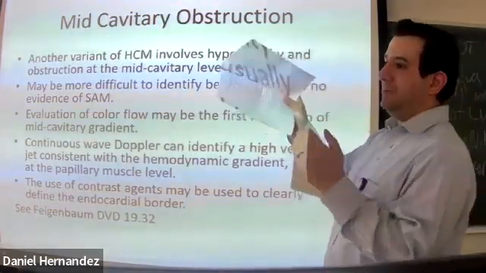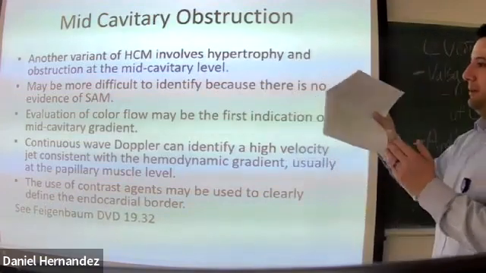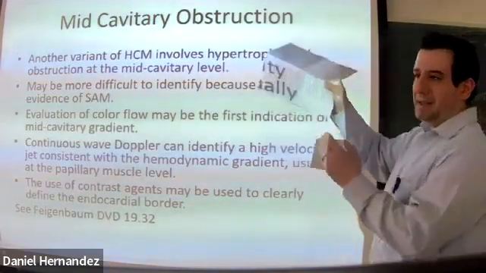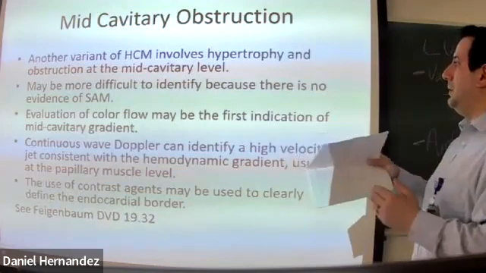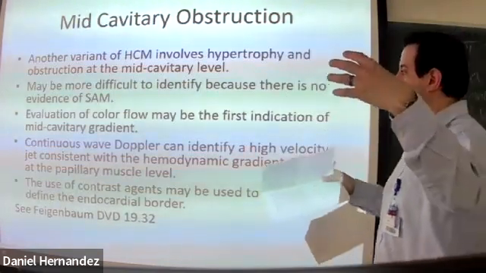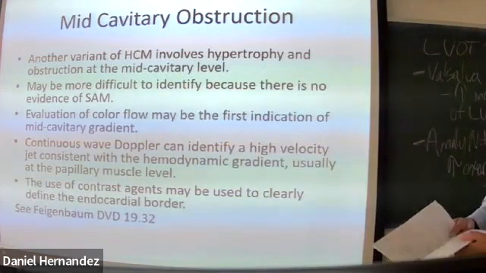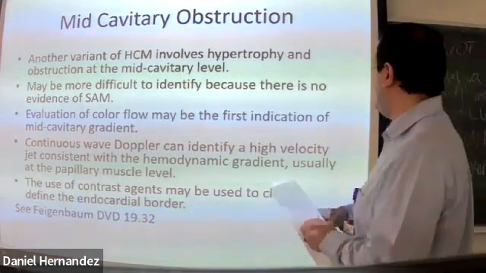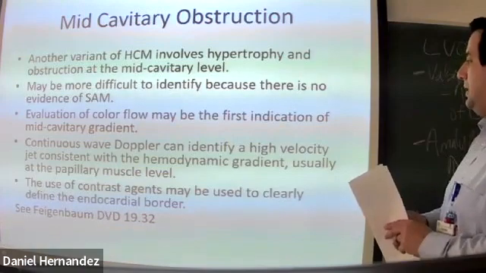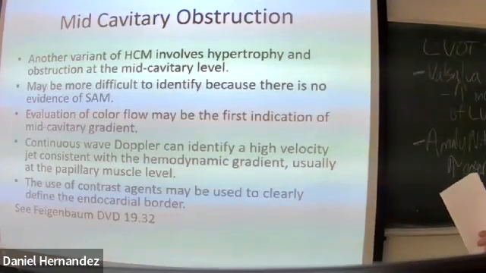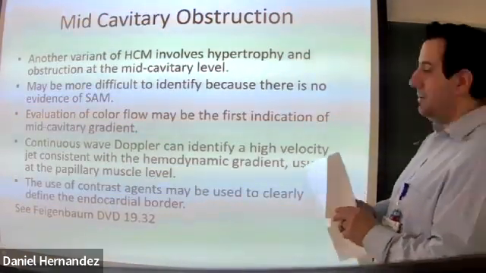There's a narrowing between the mid segment of the septum and the posterior wall, and it obstructs the blood in the apex trying to get out of the heart. With this, continuous wave Doppler can identify a high velocity jet with a hemodynamic gradient, usually at the papillary muscle level.